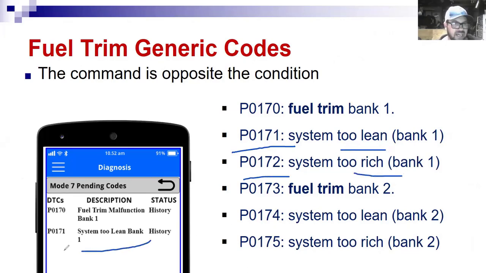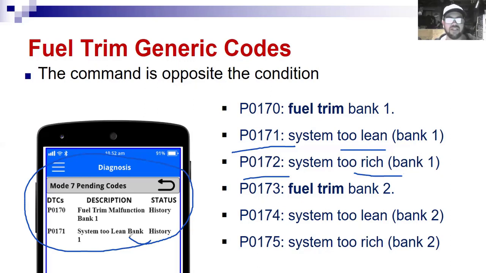Here we have that. And I want to say this little shot is off of the scanner app that's built into CDX. So those are pending codes. Remember that a pending code means it ran the monitor and set the pending code because it's seen the failure. If it's a type B code, it would not turn on the check engine light yet.